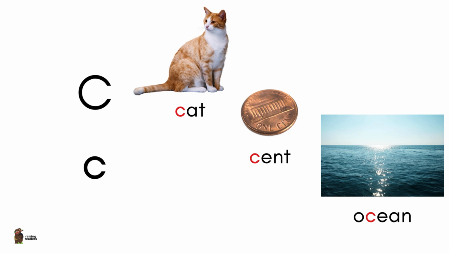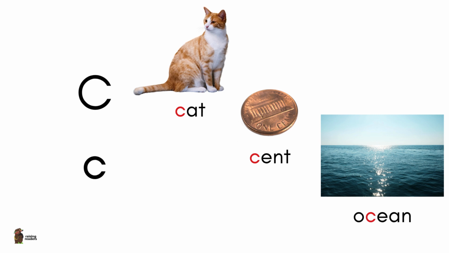C makes three sounds. The first one that we usually learn is k. But that's also because we don't have to learn the name, that is in its name, because C makes the sound and it's in its name, C. So we're going to focus on learning the k sound, and we hear that in cat.